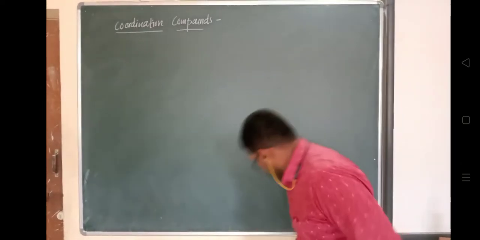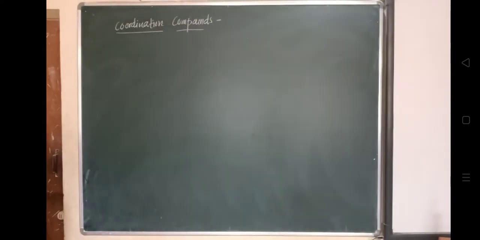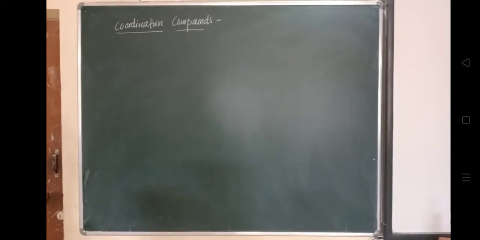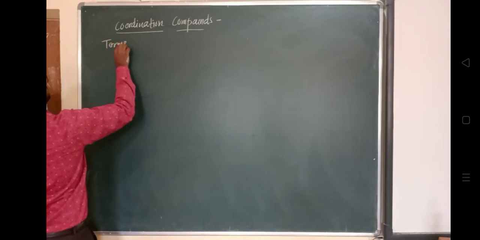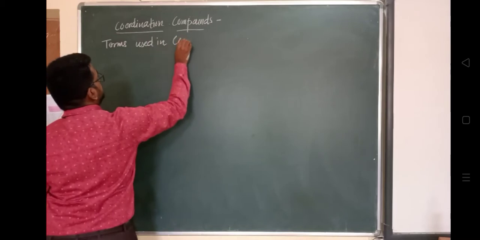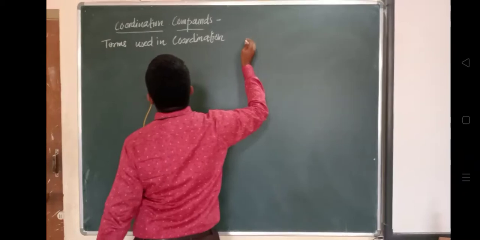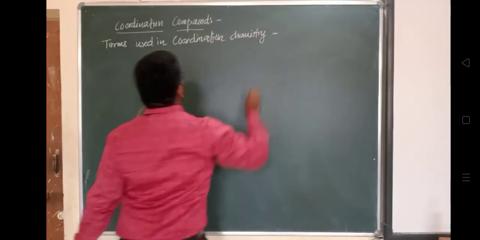The terms used in coordination chemistry, because this is the part of chemistry which deals with coordination compounds. So in coordination chemistry, the very first term is the coordination sphere.